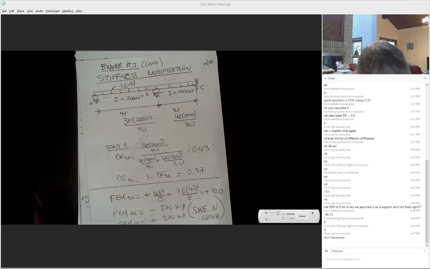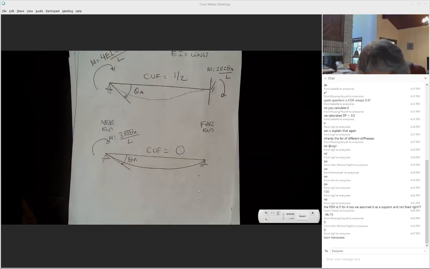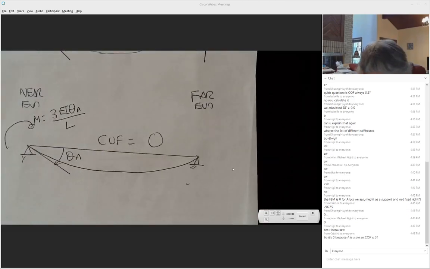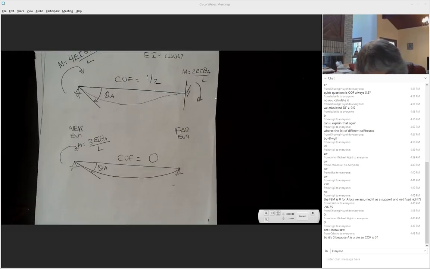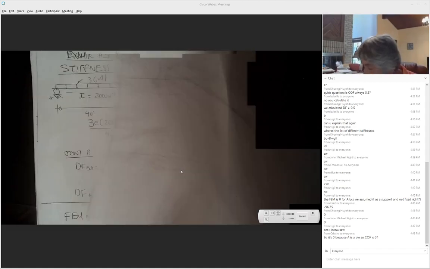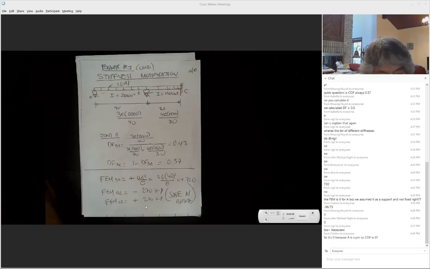That's why whenever we use the 3EI over L, we say, look, this is a roller or a pin. There's no moment here because of the type of support. There was a carryover factor of 0. So it is a pin. That's why the moment in here is going to be equal to 0.